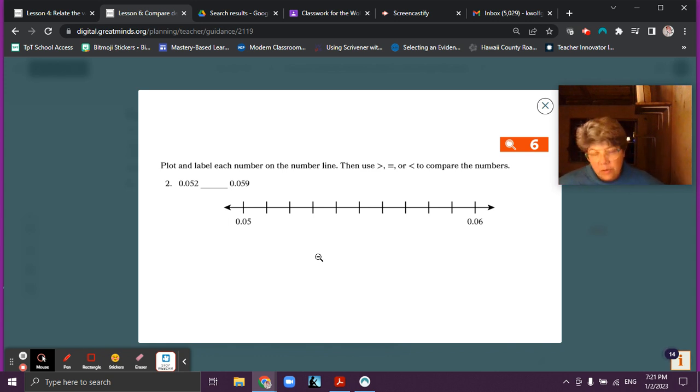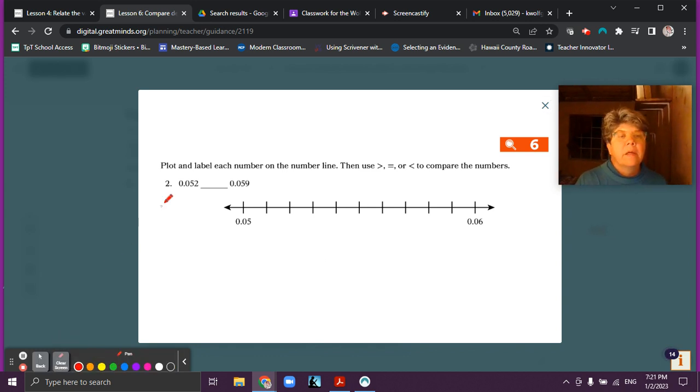And why does it make sense to use an interval between 500ths and 600ths to compare these two numbers? Well, let's look at our two numbers. And we see that we have 52 thousandths and 59 thousandths. So where would 52 thousandths be? Also remember, this is the same as 50 thousandths, and this would be the same as 60 thousandths, right?